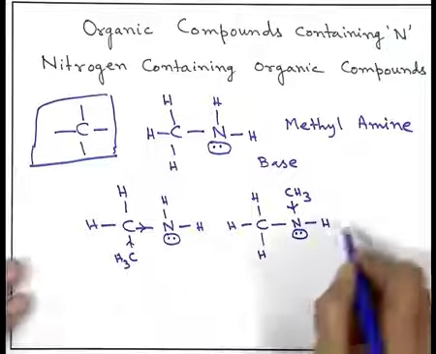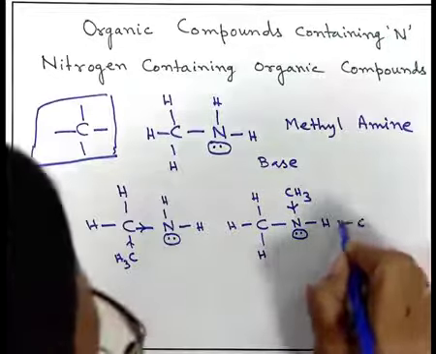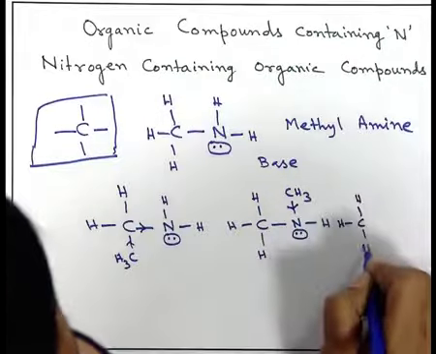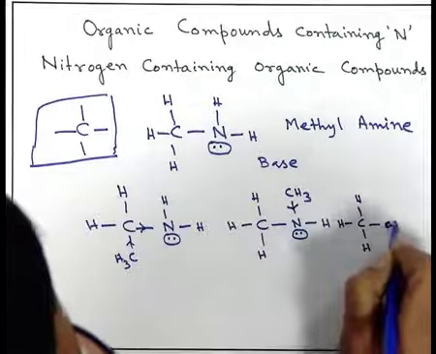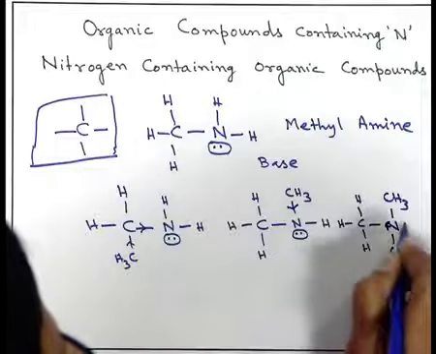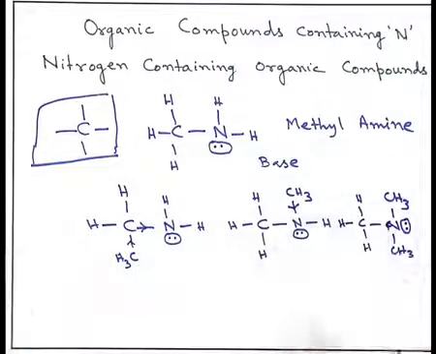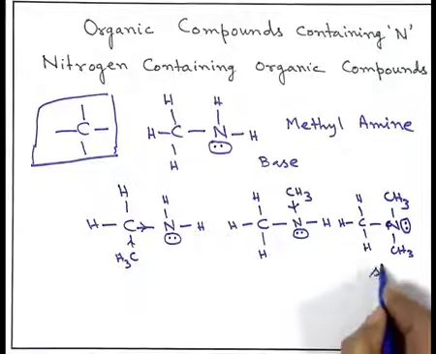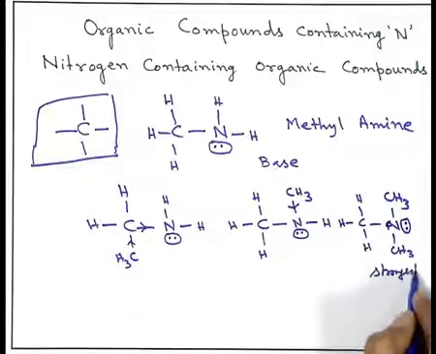And if I now increase one more methyl group into the system, that means N,N-dimethylamine, let me show the electron pair on the right hand side. What will be the nature of this compound? Obviously, it will be the most basic of the three, or strongest among these three.